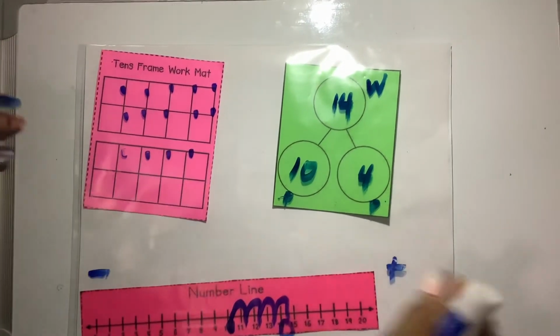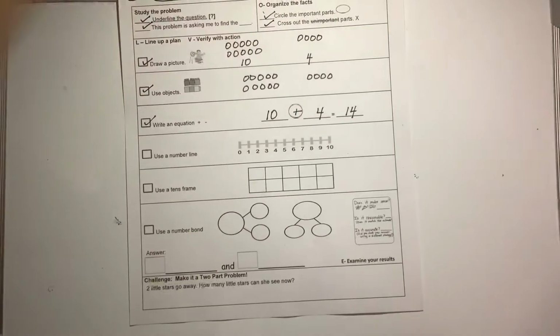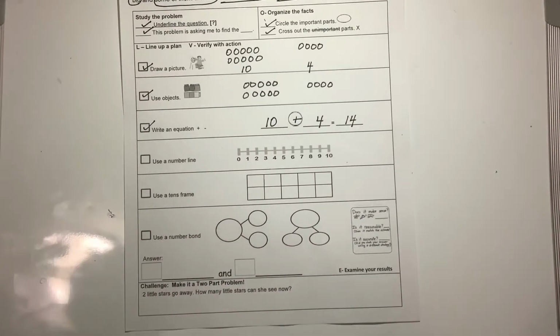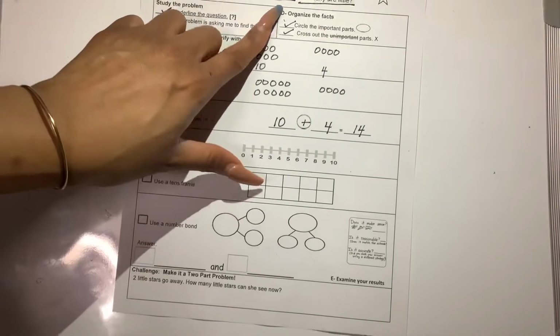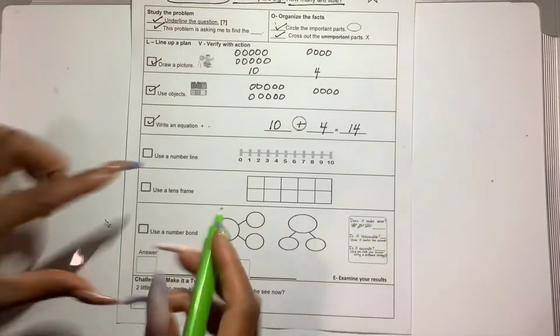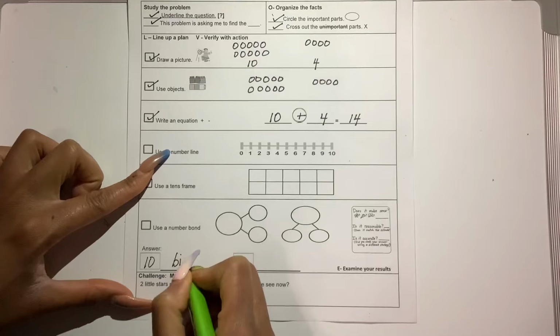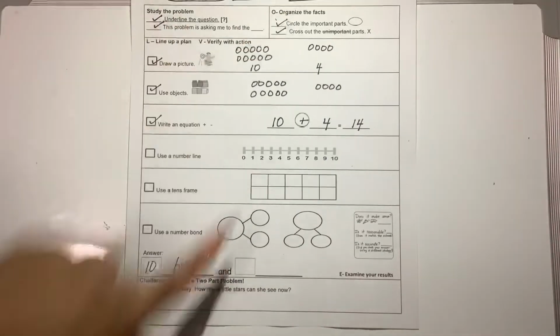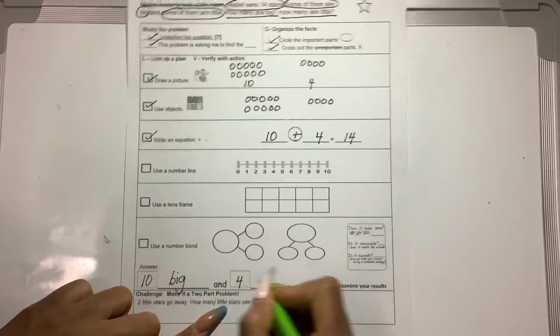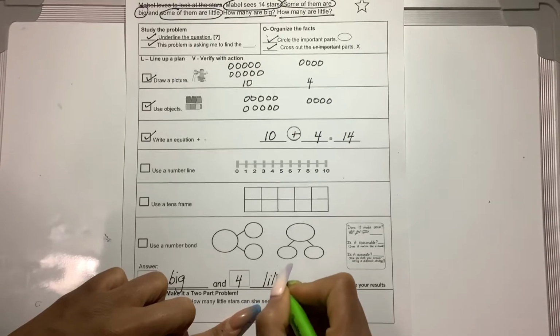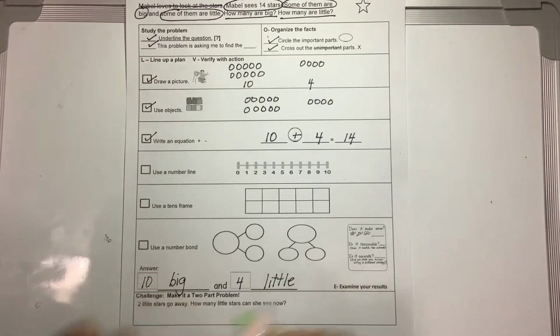Boys and girls, when you are finished with your strategies, remember, you need to put the answer in the answer box. And you need to answer the question, because the question was, how many are big? We can say 10 are big, B-I-G, and then 4 are little, L-I-T-T-L-E.